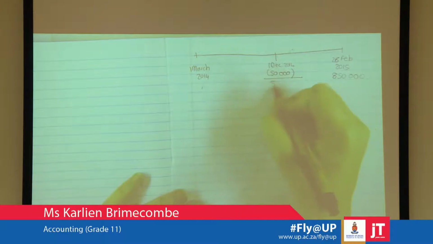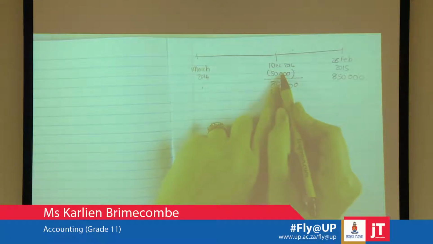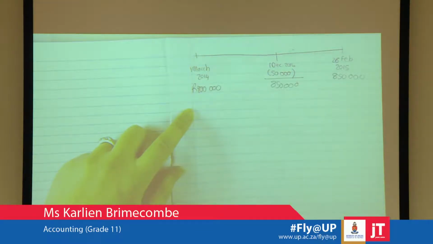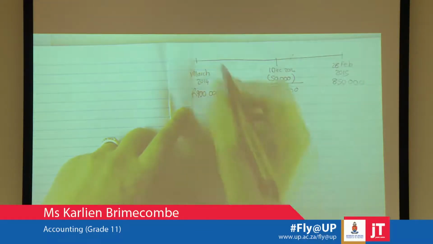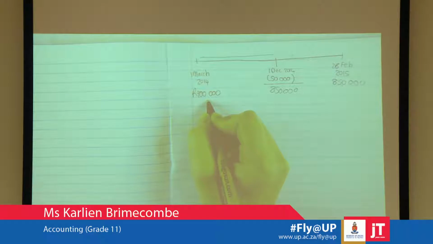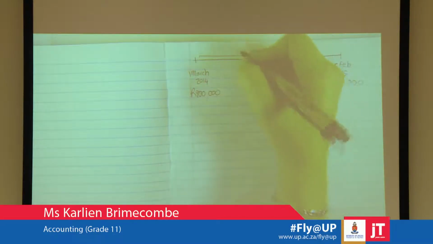So basically from the 1st of December he had a capital contribution of 850. So what was it before he took 50,000? 900,000. So interest on capital must be calculated on 900,000 at what percentage? At 12% for how many months?